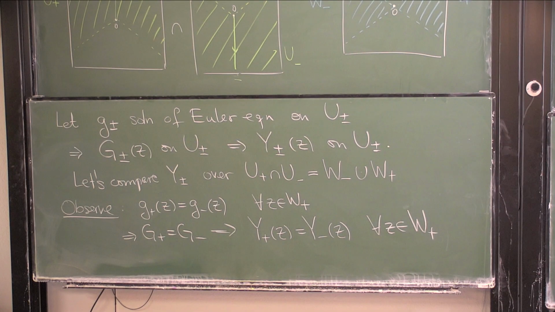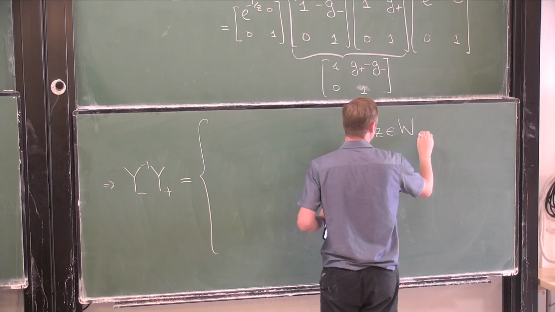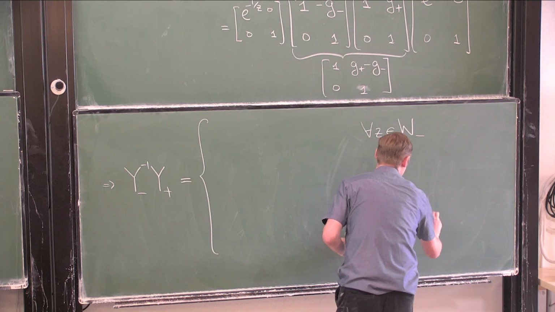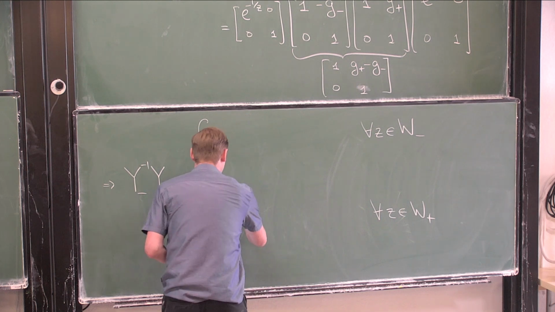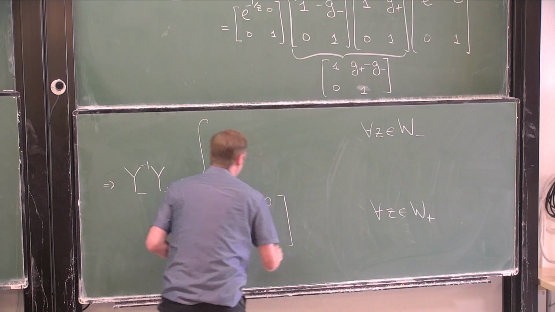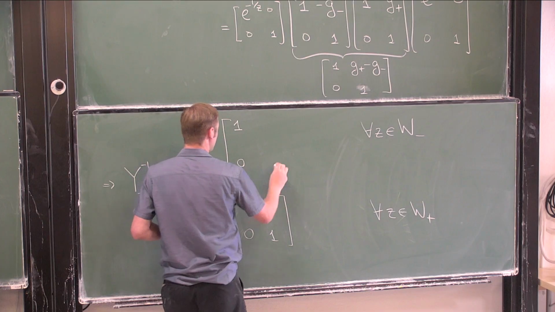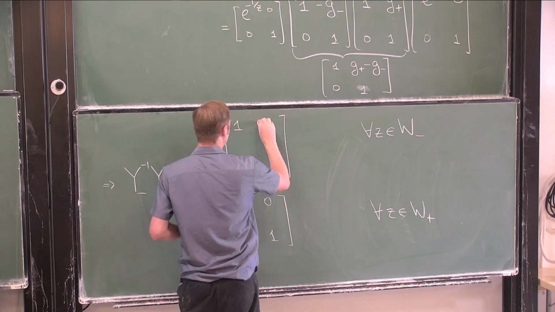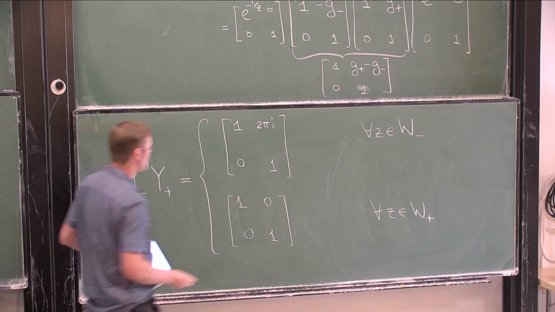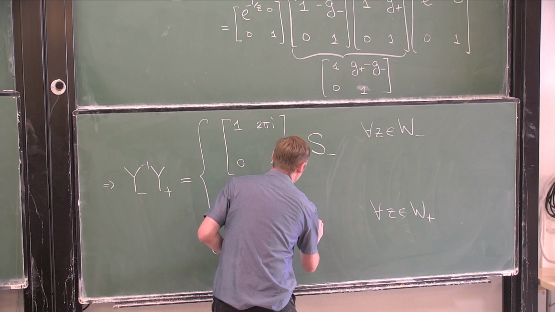If Z is in W plus, the discrepancy was none, it was just the identity, they were equal. But in W minus, we get a genuinely non-trivial ratio of these solutions. So maybe I'll call these matrices, suggestively, S minus and S plus.